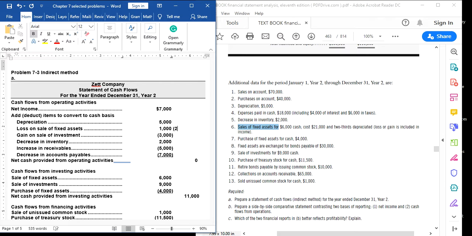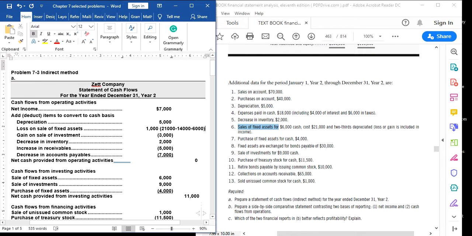The initial cost was 21,000 minus, given that the depreciation is 2/3, it means 14,000 minus also 6,000, which is the price that we sold this asset for. So if we deduct depreciation and the price from the cost, we will obtain only $1,000 over here. Okay.